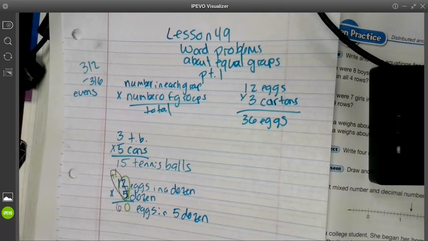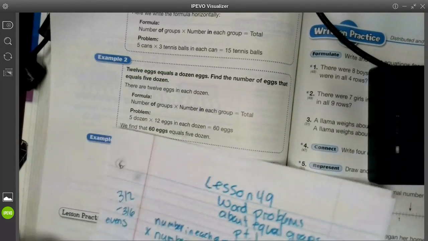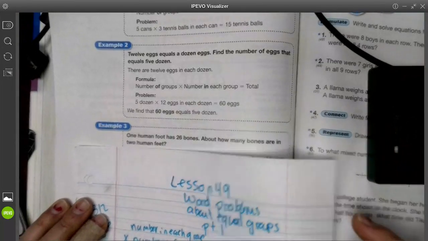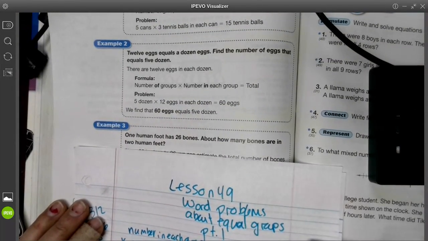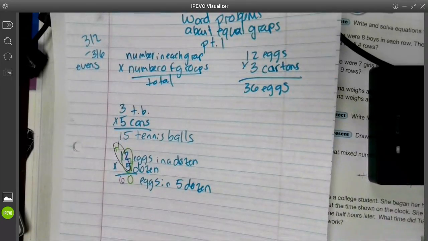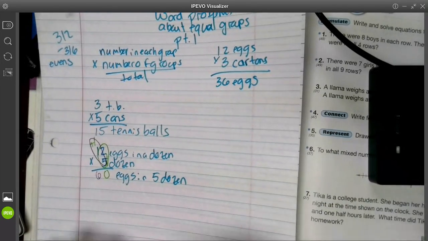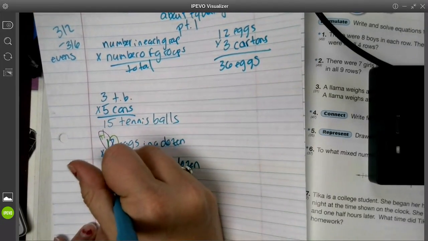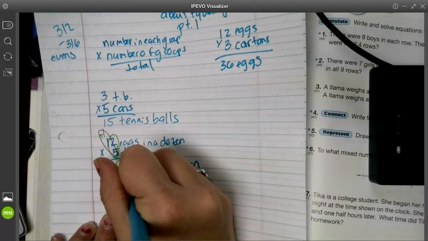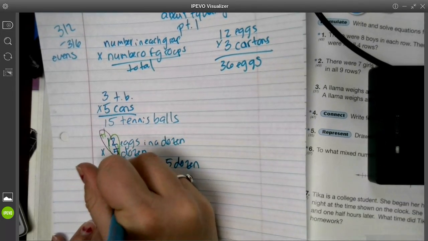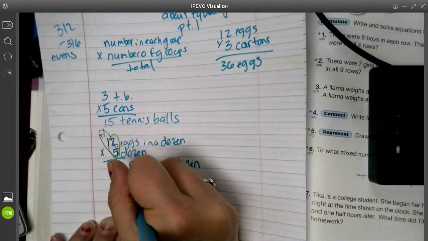Here we go. 1 human foot has 26 bones. How many bones are in 2 human feet? Another way to help if you're stuck is to draw pictures. I'll solve this one and then I'll show you what I mean. There are 26 bones in each foot. We have 2 feet, most of us have 2 feet.